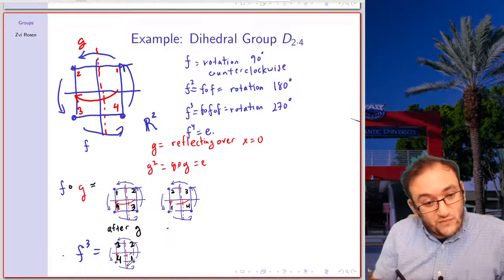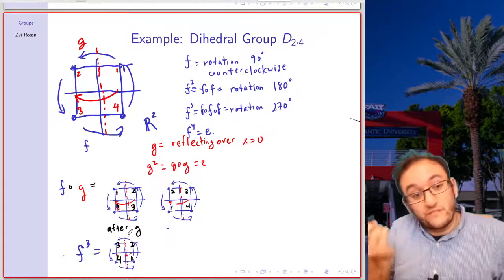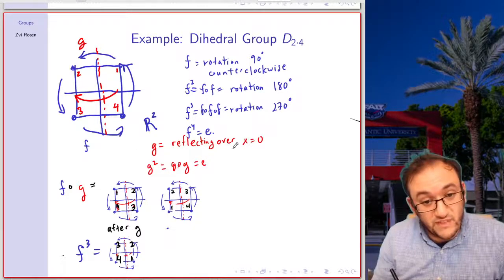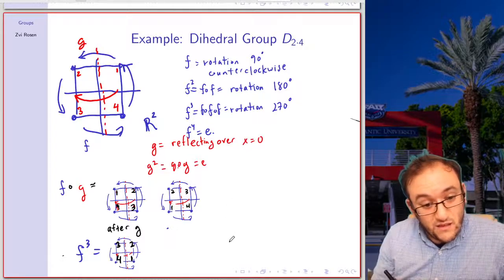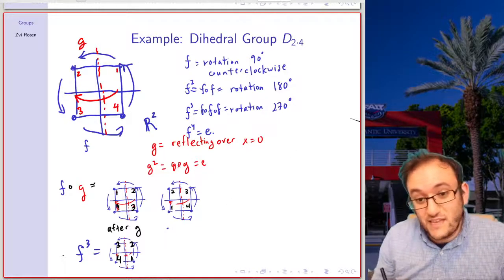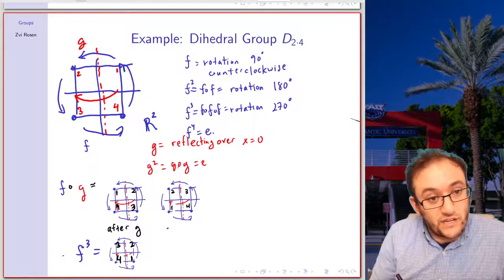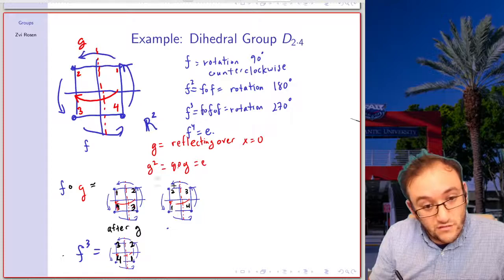And then, after getting the 1 in the bottom right corner, if we flip along the line x equals 0, if we reflect across that line, what we'll get is the same thing we have over here in the second picture. We'll get this.